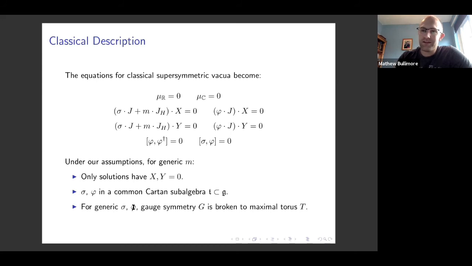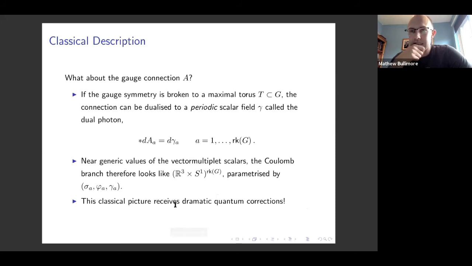But we know that the whole situation was very symmetric, and so the space that we get should be hyperkähler, so it should have real dimension that's a multiple of 4. So where does that extra coordinate come from? Well, there's one thing we forgot about, which is the gauge connection, A.